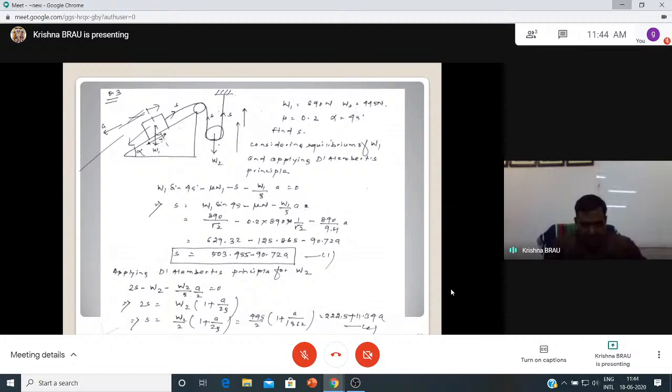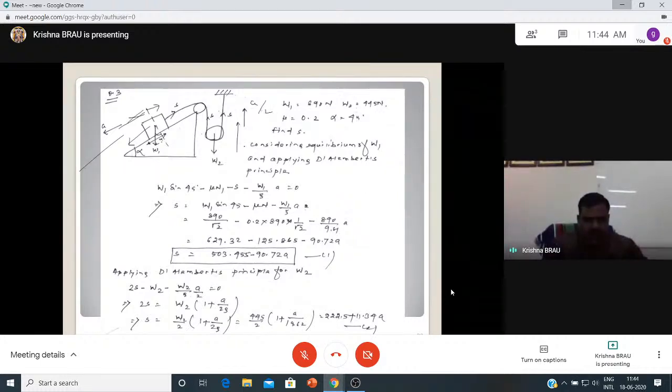Then for the other weight, if this is a, the acceleration in this direction here is a by 2.